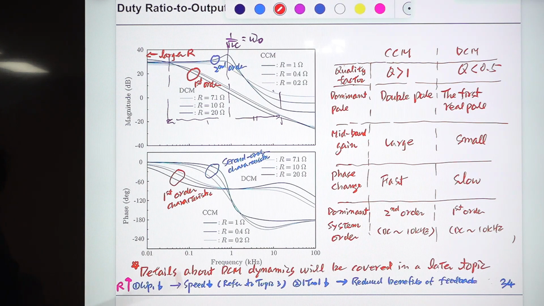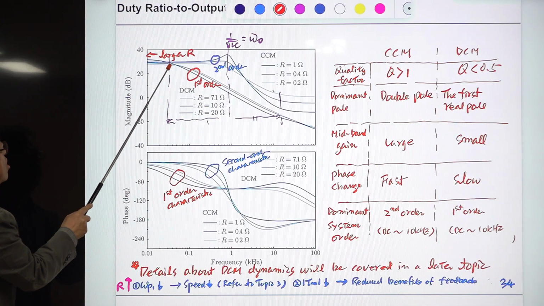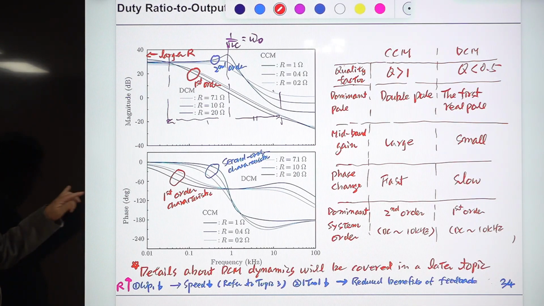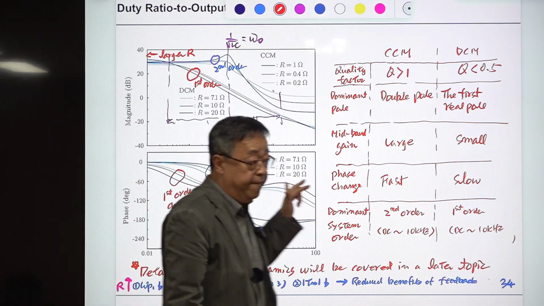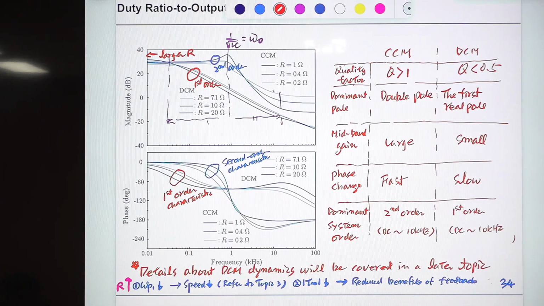One thing is that this corner frequency determines the speed of your converter. Speed is usually determined by the low frequency pole. The pole that occurs at the earliest frequency is called the dominant pole, so the dominant pole is here.